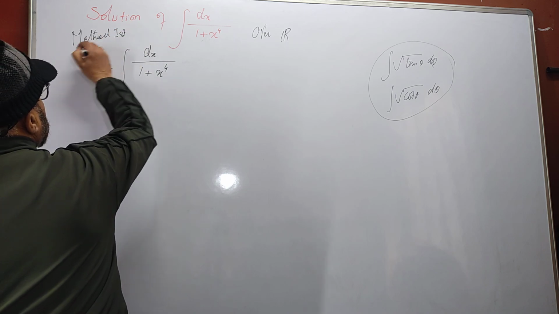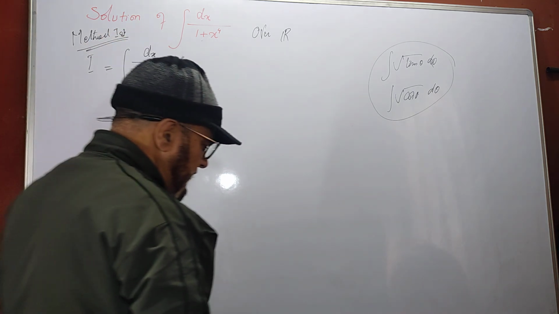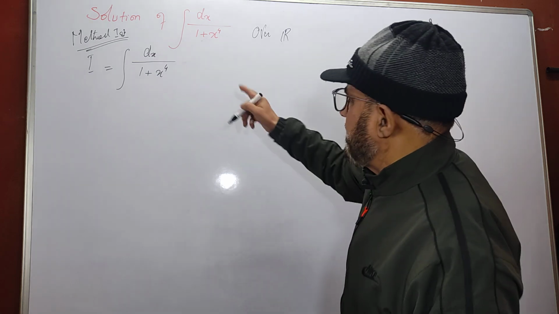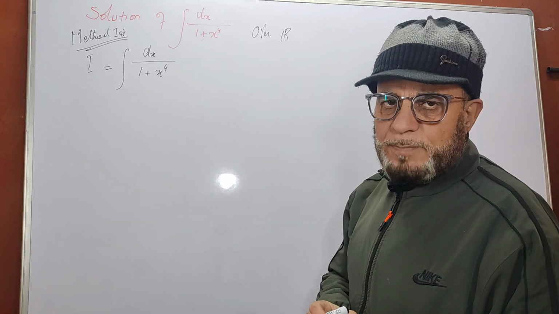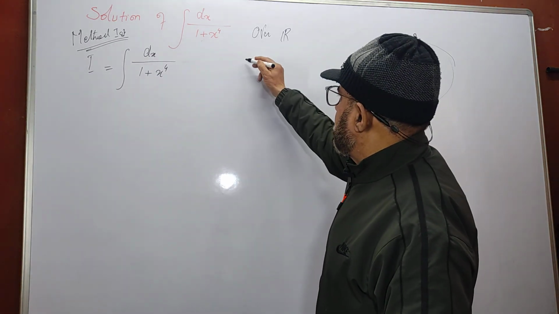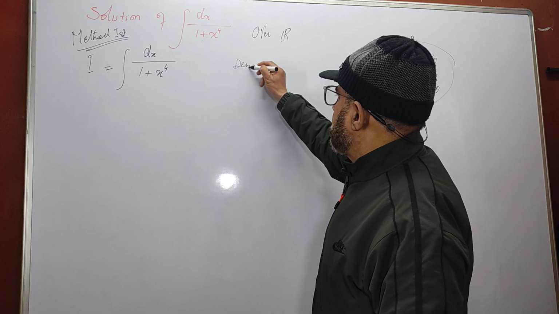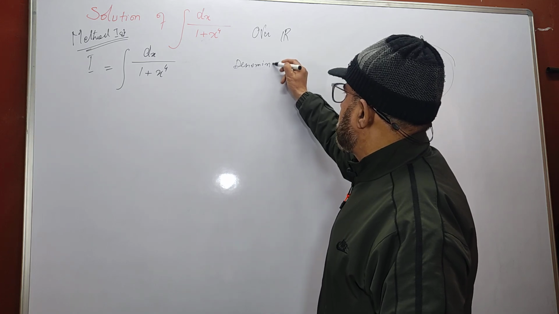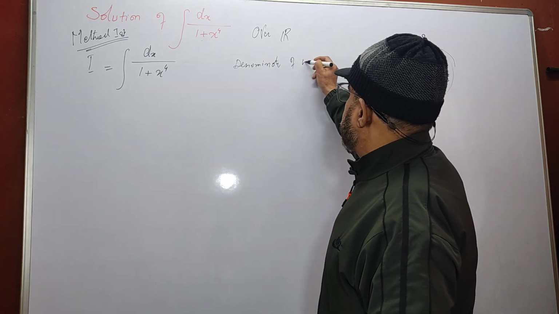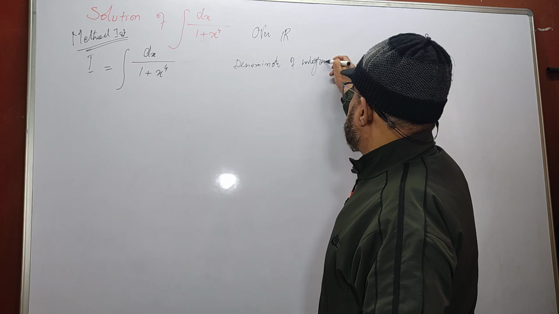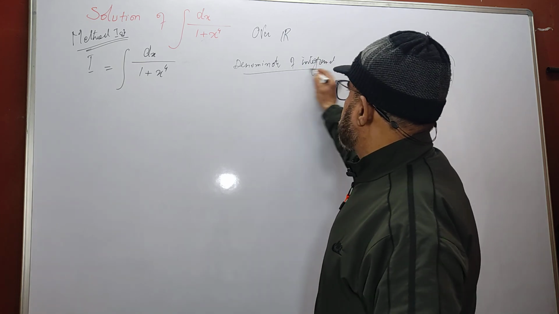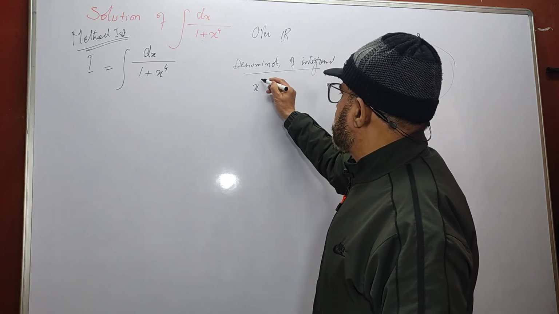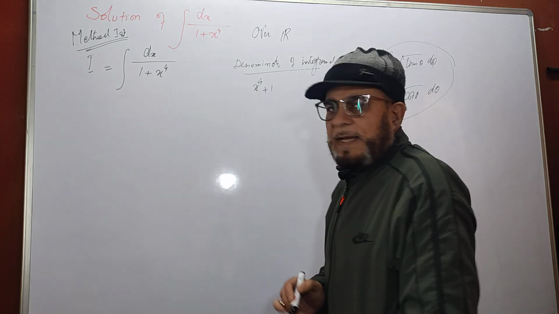Method first. Now I will take the denominator of this integrand and resolve it into partial fractions. Denominator of the integrand is my x^4 plus 1.